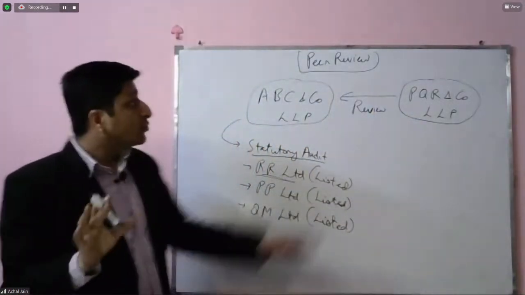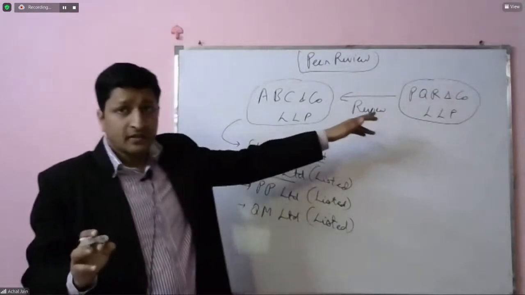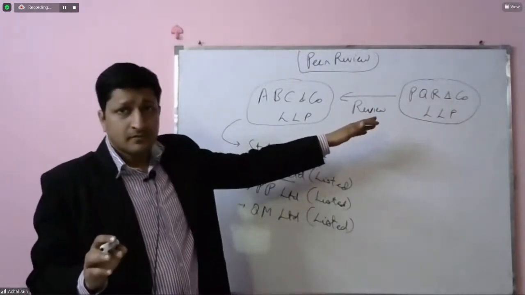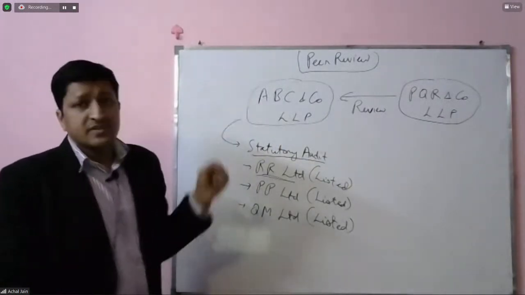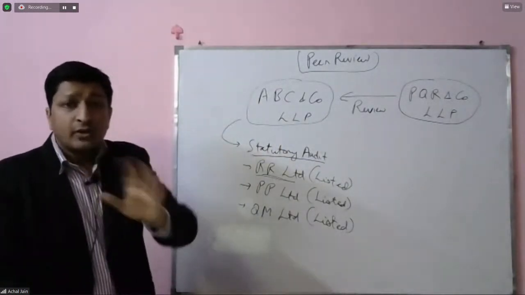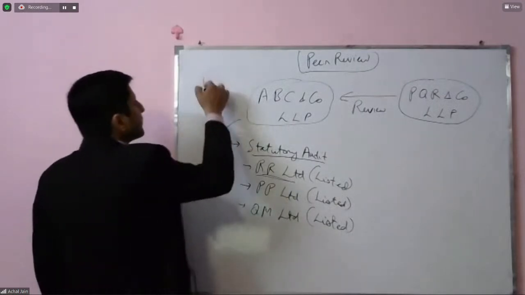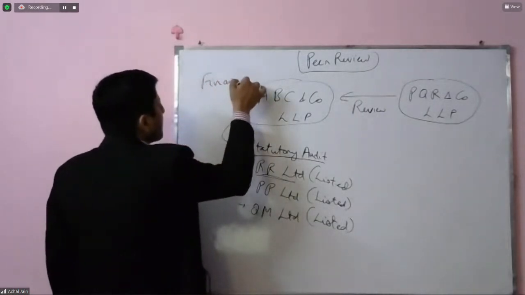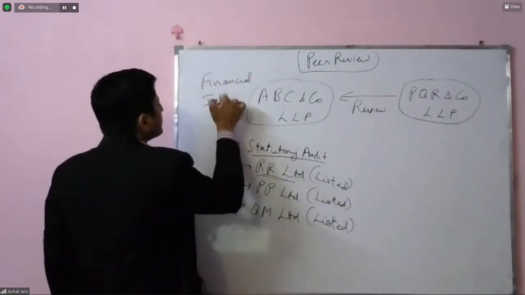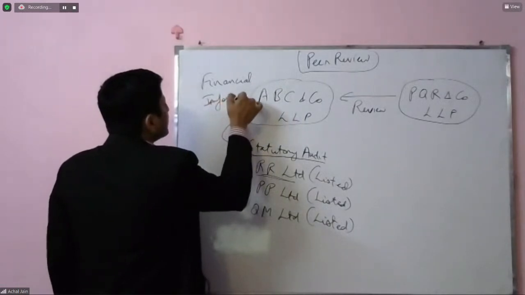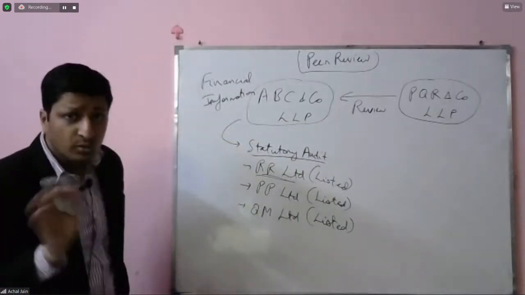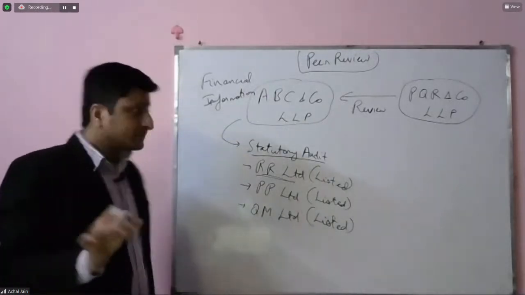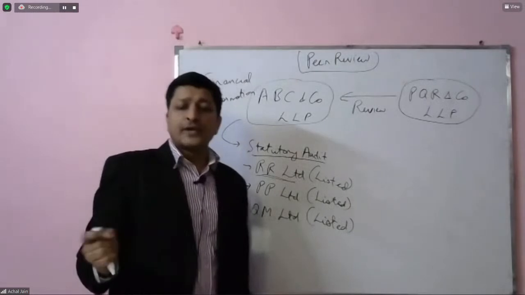And this review by PQR and company in relation to ABC and company LLP will not be on the financial information of ABC and company LLP. No. So we are not saying that the financial information of ABC will be audited. No, it's not an audit. It's an audit of audit, you can say.